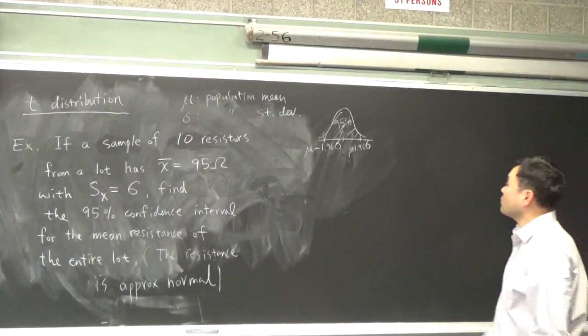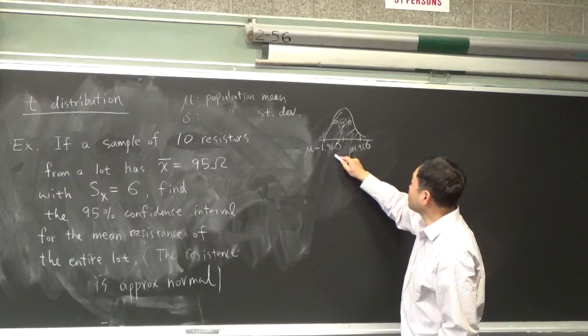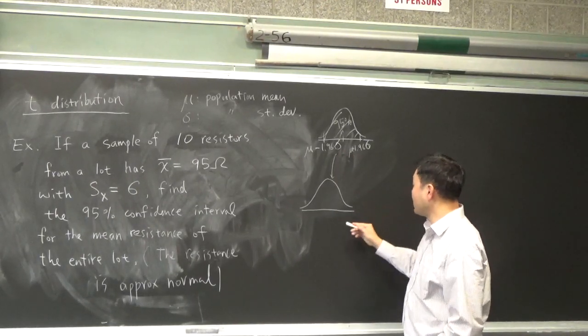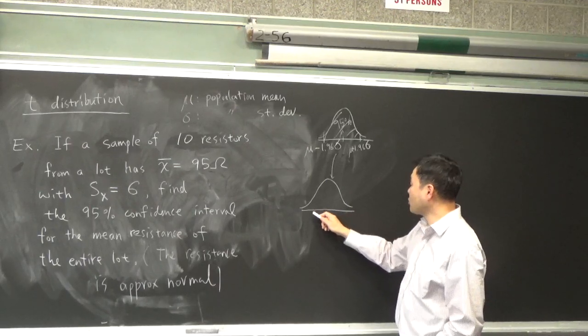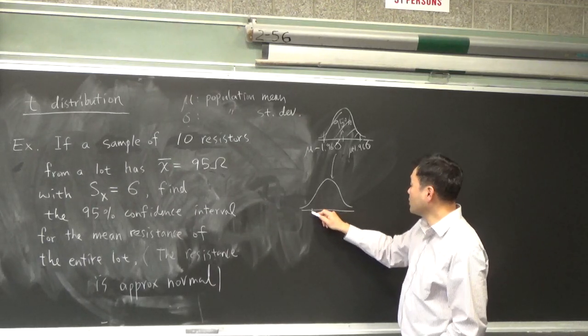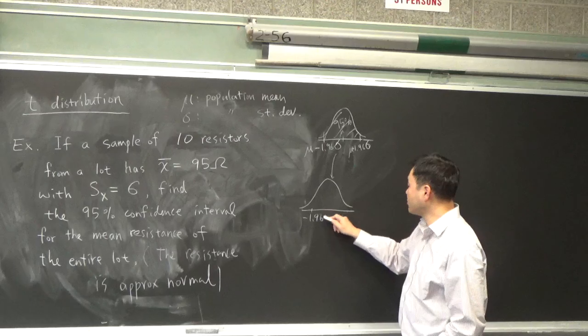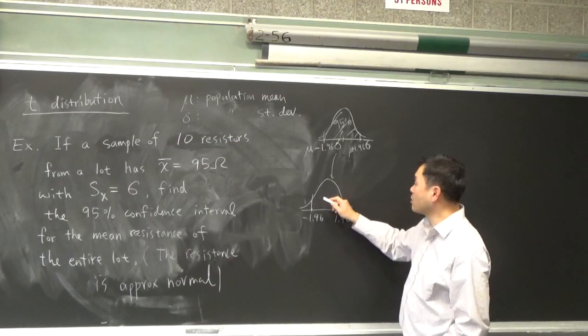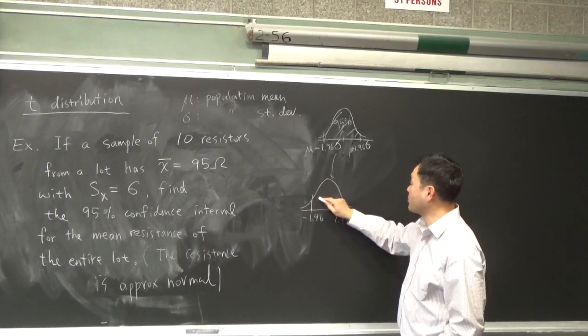So if you take the z-score between negative 1.96 and positive 1.96, the area under the curve will be 0.95.